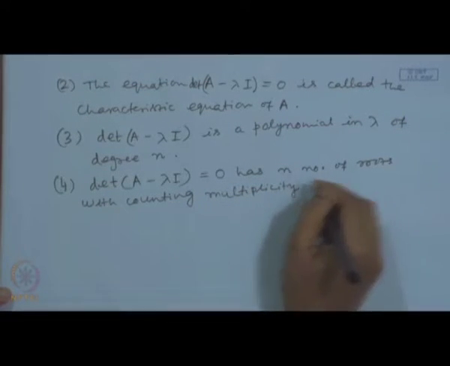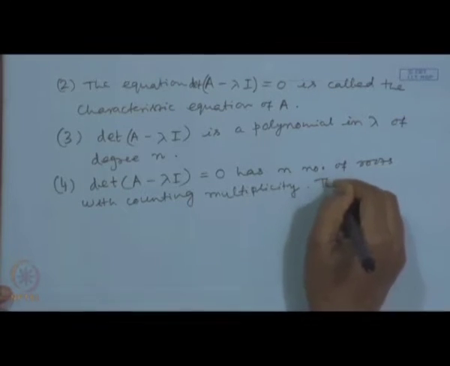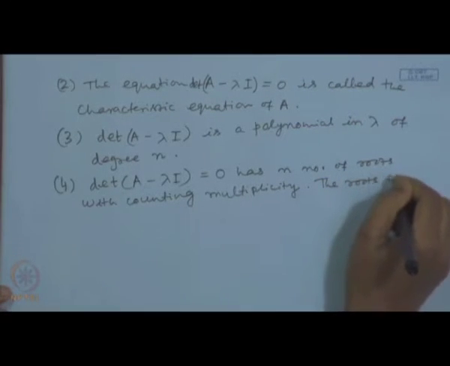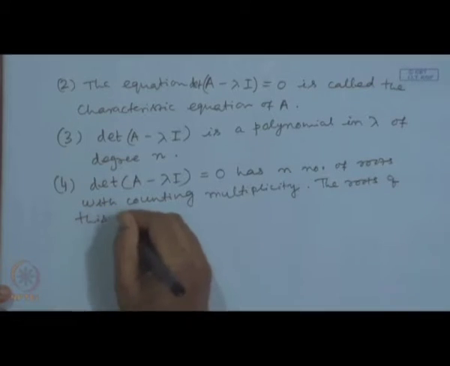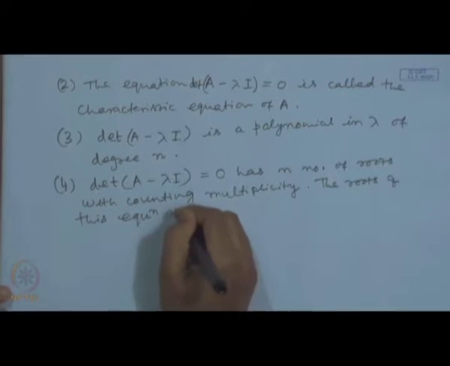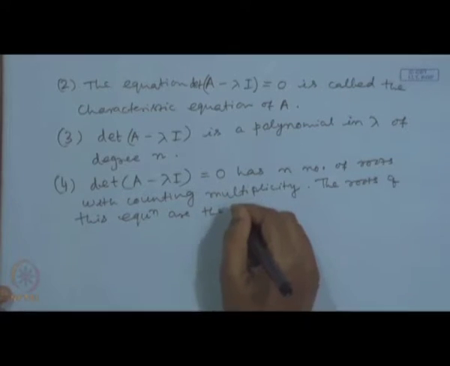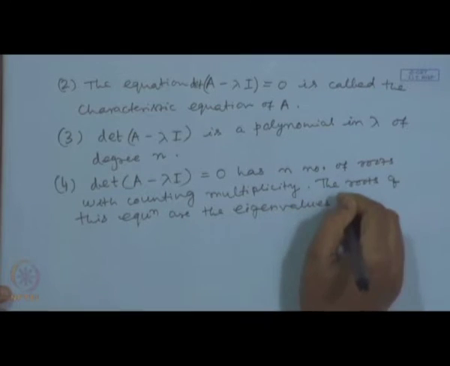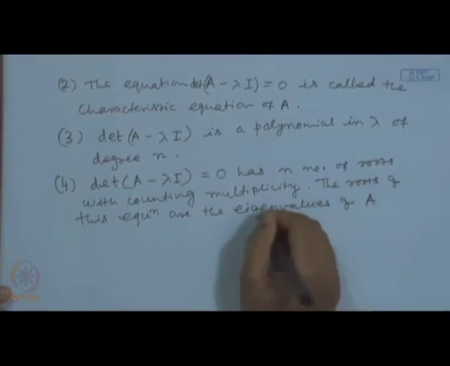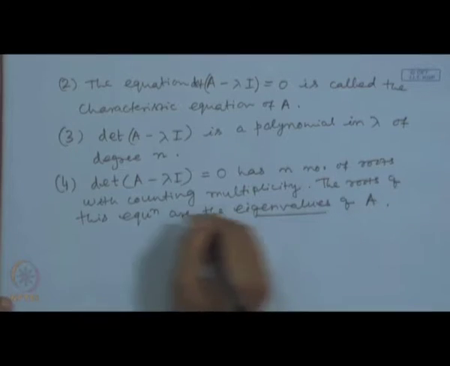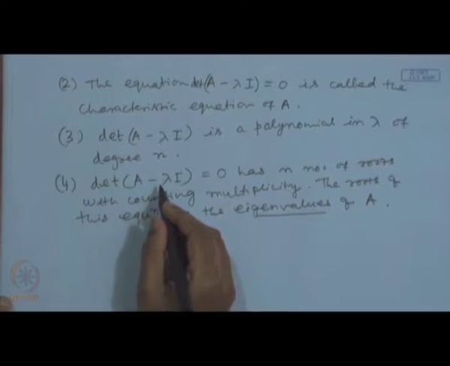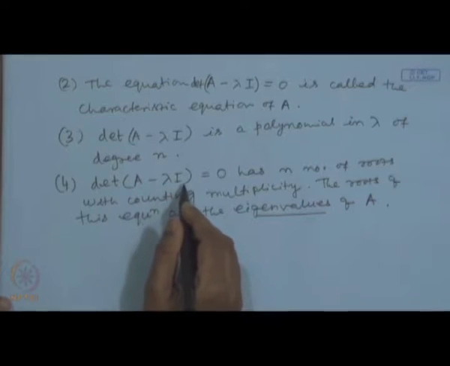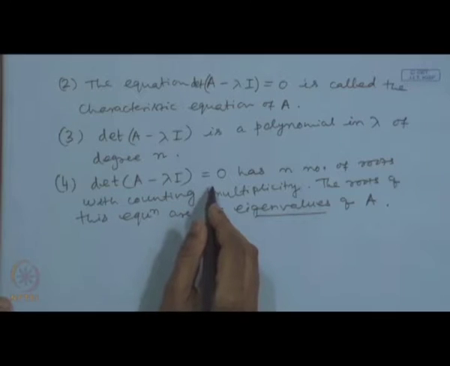And the roots of this equation are the eigenvalues of A. So, given any matrix A, we first form the matrix A minus lambda I and then take its determinant, equate it to 0 and get all roots of this equation.